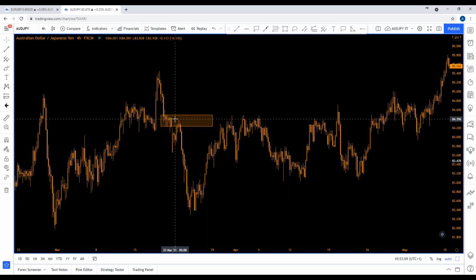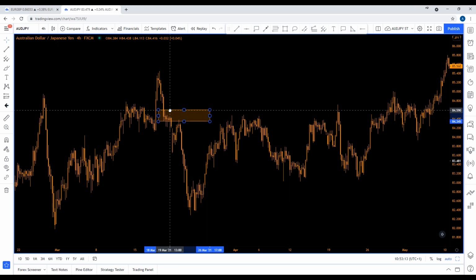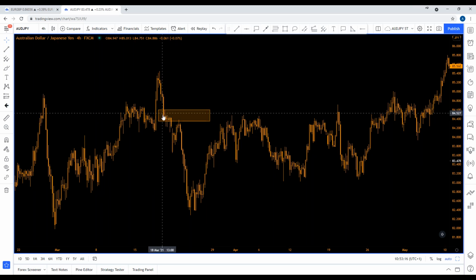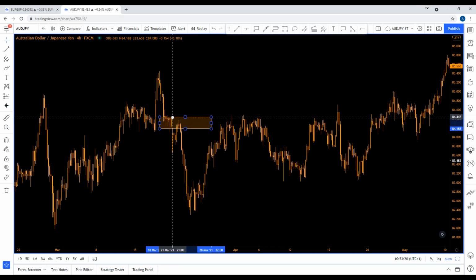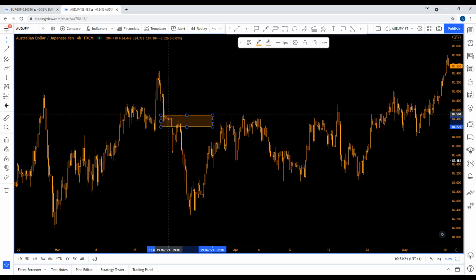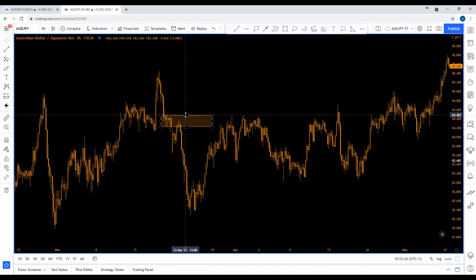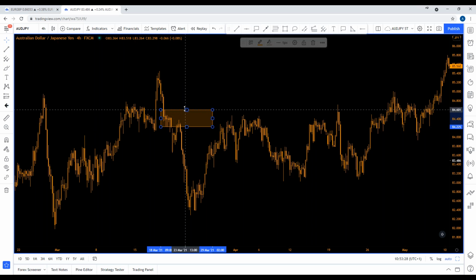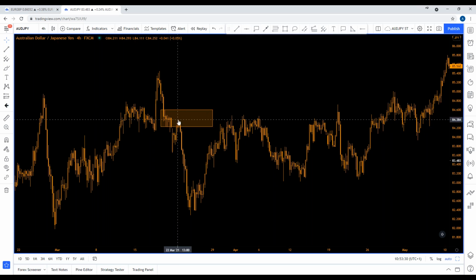The only issue I had with this was there was also this area here, right? I'm sure you guys could have seen it, this small kink here. This is also a supply for me. But given the decision point was out of this zone here, I would have been looking at this. However, if you wanted to be conservative, you should really include that. This is what's commonly known as stacked supply or stacked demand. This is stacked supply, right?